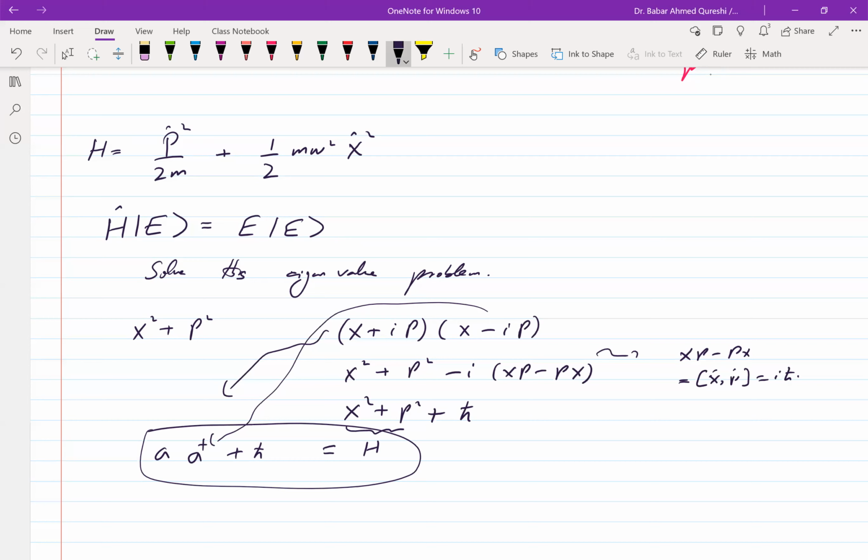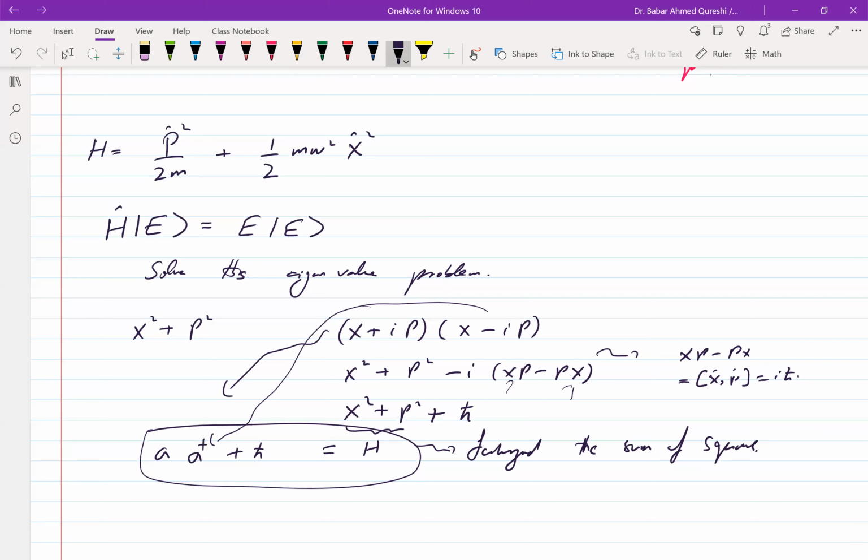So I have kind of factorized the sum of squares. Although you do get these cross terms which quantum mechanically do not vanish because they are operators, their commutation relation is just adding a constant.